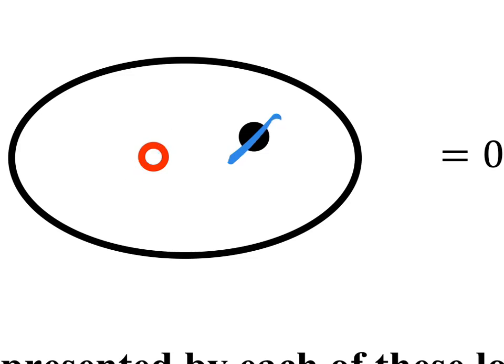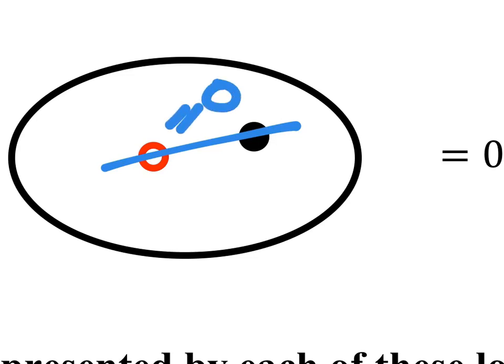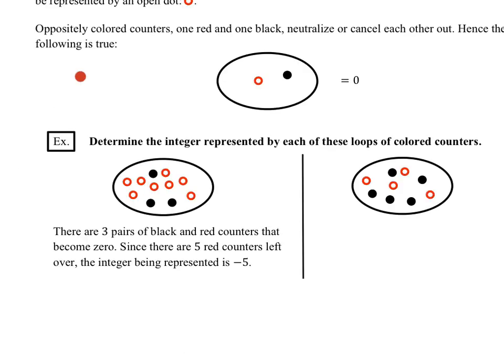Maybe you like to just cross them out this way, but I actually do cross these out. And each of these represents a 0, okay? So the total value of this particular example is actually 0. I call that also a 0 pair. Just keep that in mind.